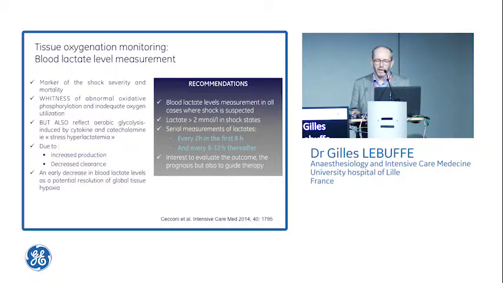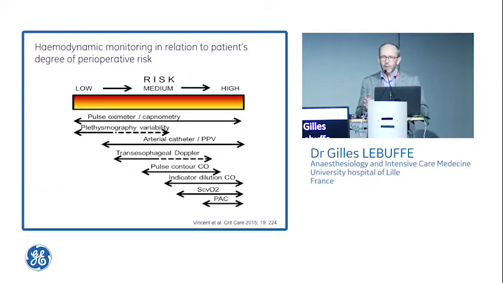So during the intraoperative procedure, you have to measure lactate if you need to evaluate the tissue oxygenation of your patient. And this is of real interest because a rapid decrease of lactate concentration is associated with a good prognosis for your patient.